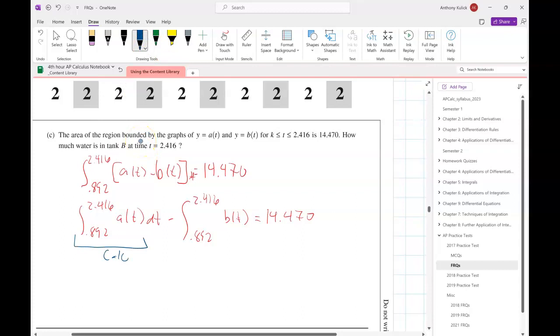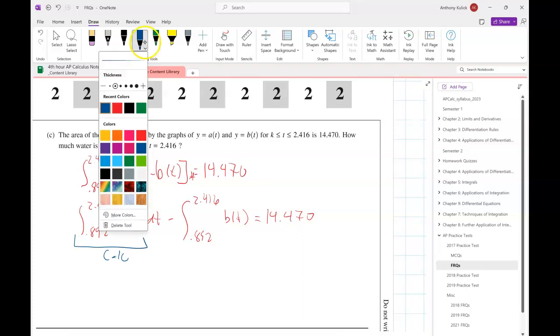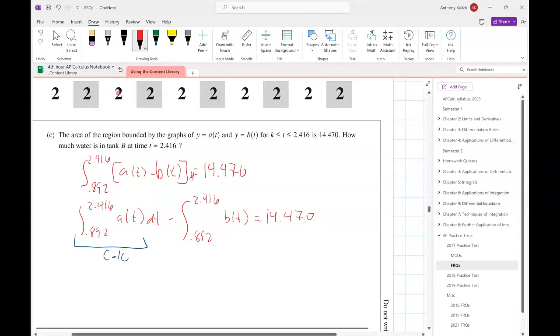And that's something I can type into my calculator because I have A of t, the function is given to me. If I type that into my calculator, I get 44.497. That was worth 1 point coming up with that.